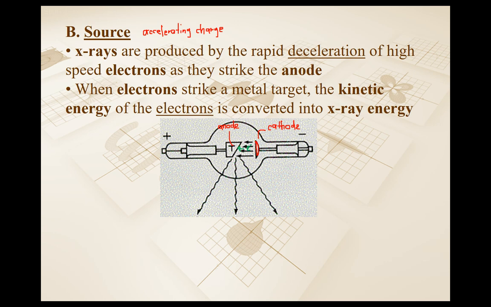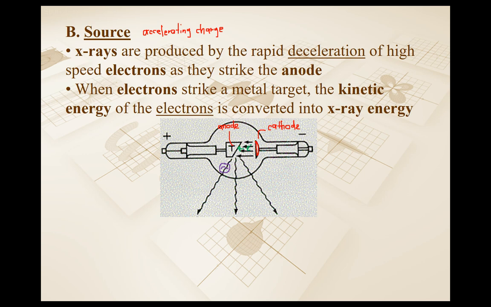And it turns out, just like for the photoelectric effect, we're going to have that one-to-one rule, which means that if you have one electron that goes across the tube and strikes the anode, it's going to emit one X-ray photon.